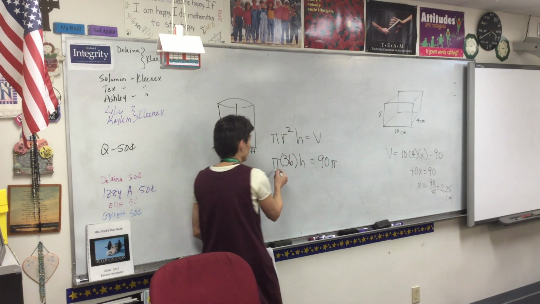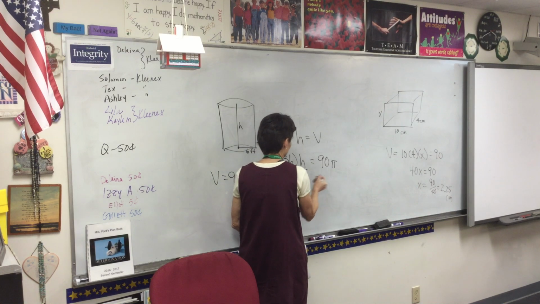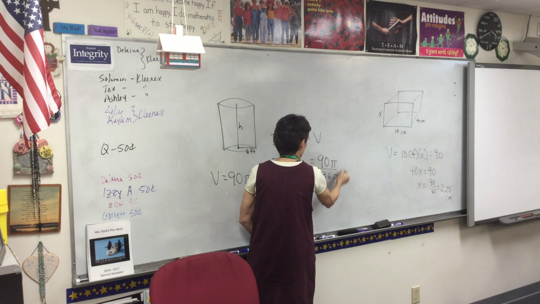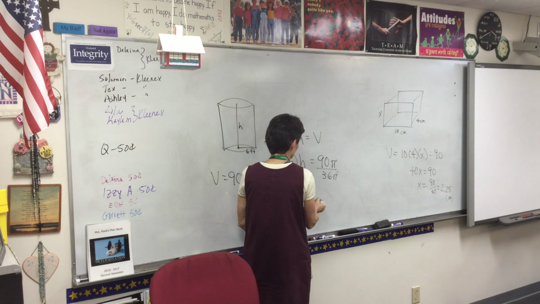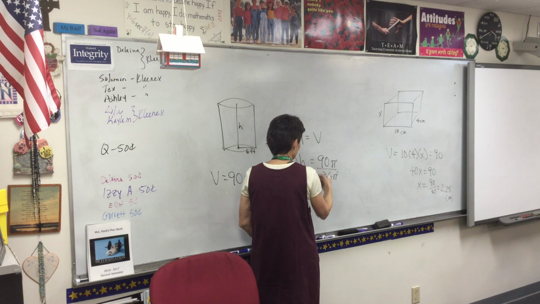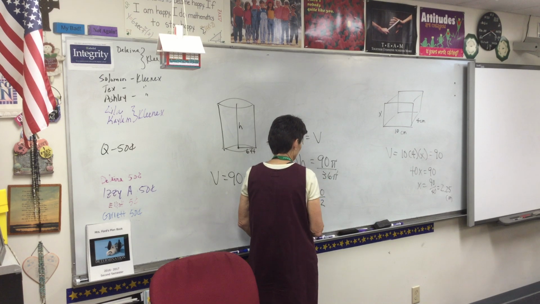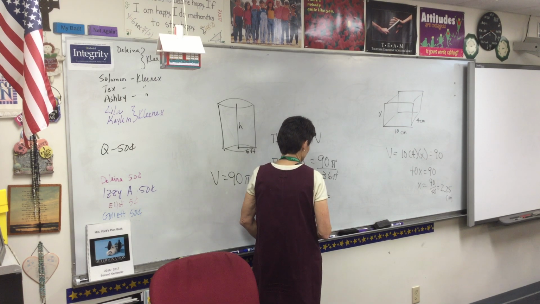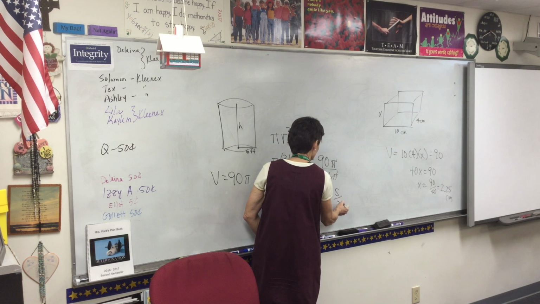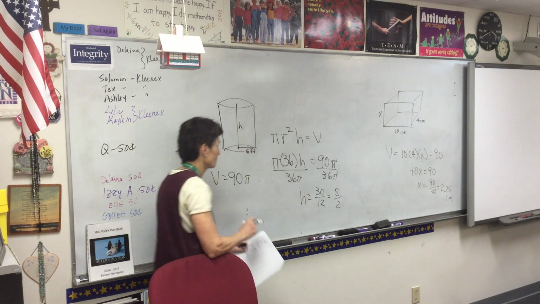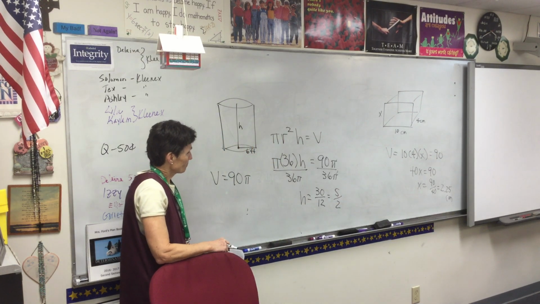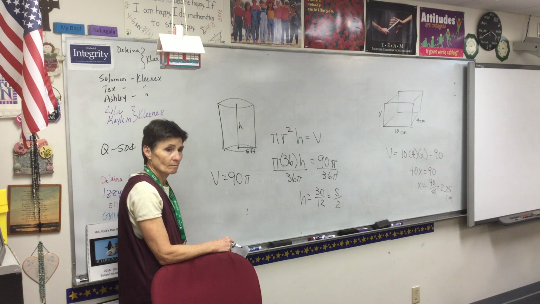So I can divide by 36 pi. And the pi's will cancel. And let's see, 3 goes into that, 30 over 12, which is 6 goes into those. Is that 5 halves? How do you turn it into letters?